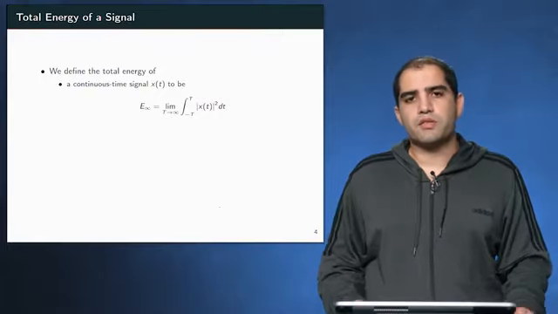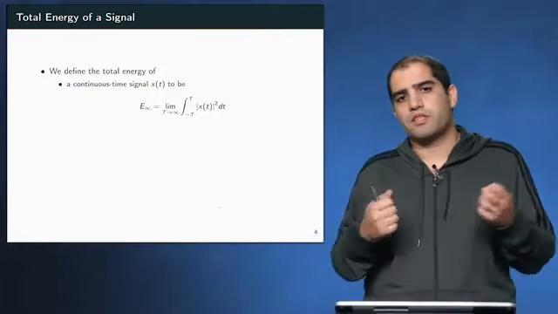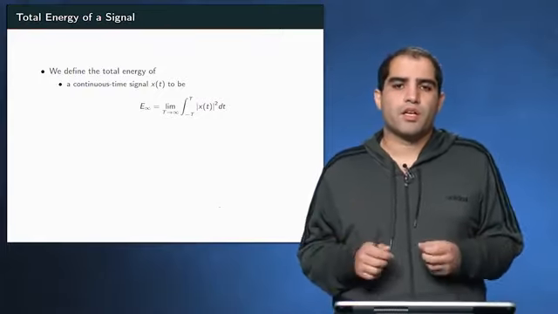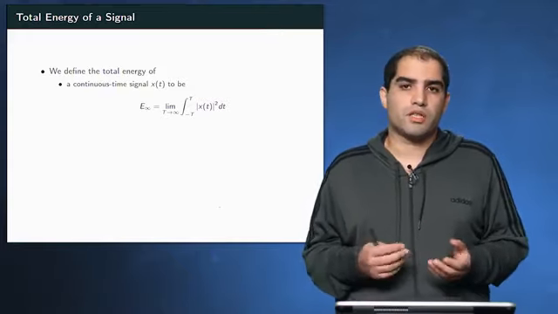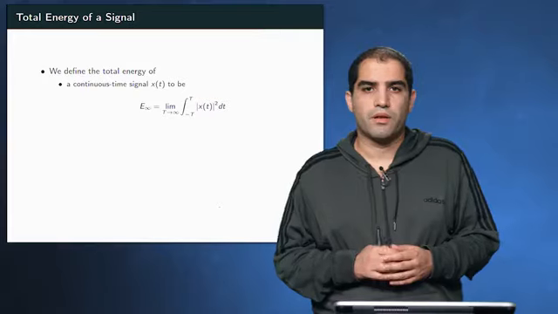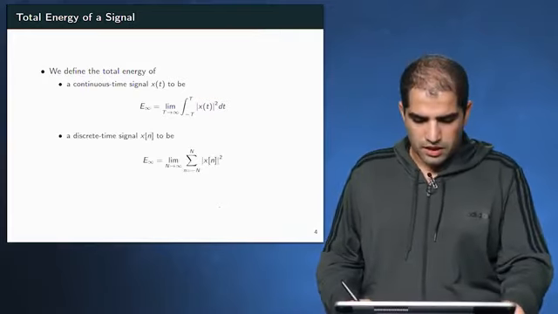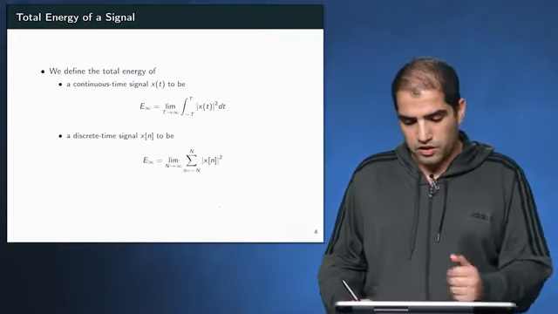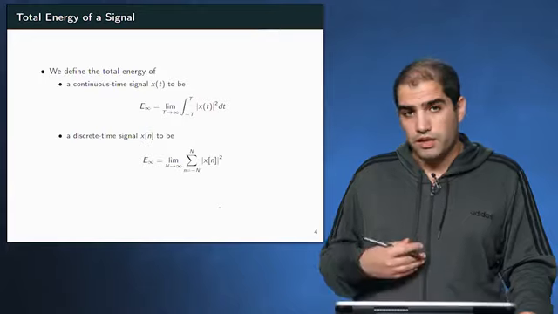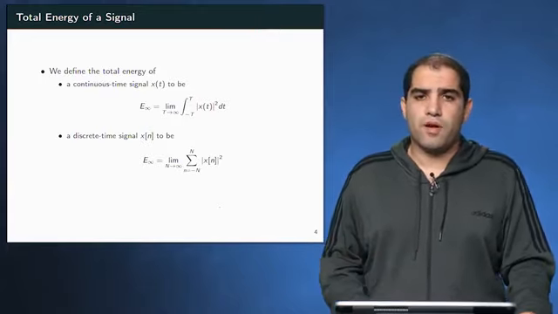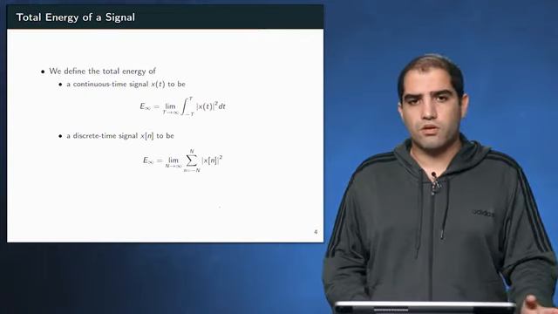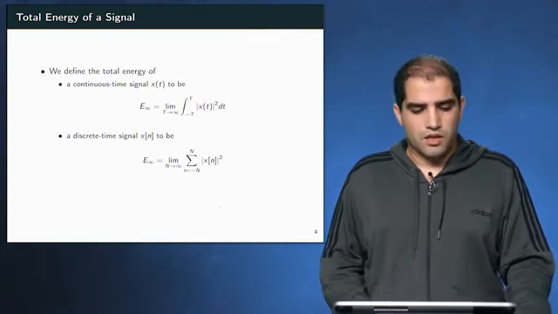So if we let the length of the interval go to infinity, the resulting quantity is called the total energy of the signal. And the same thing in the discrete time setting. If you let n go to infinity, the summation from negative n to n of the absolute value of x[n] squared is called the total energy.